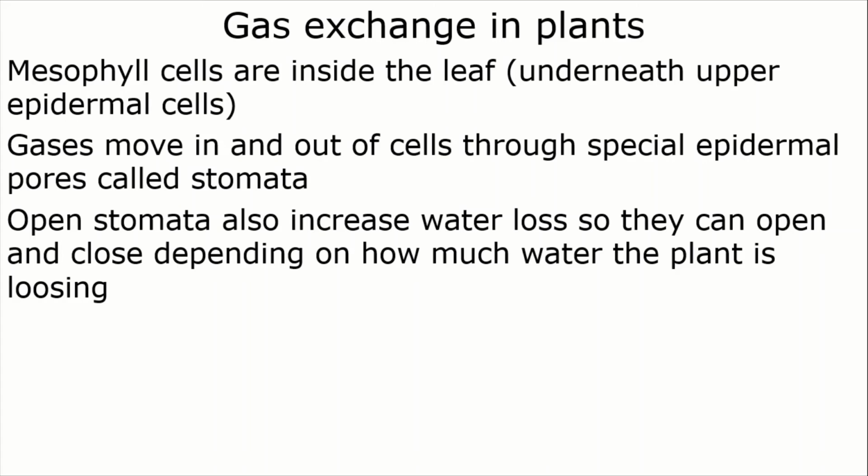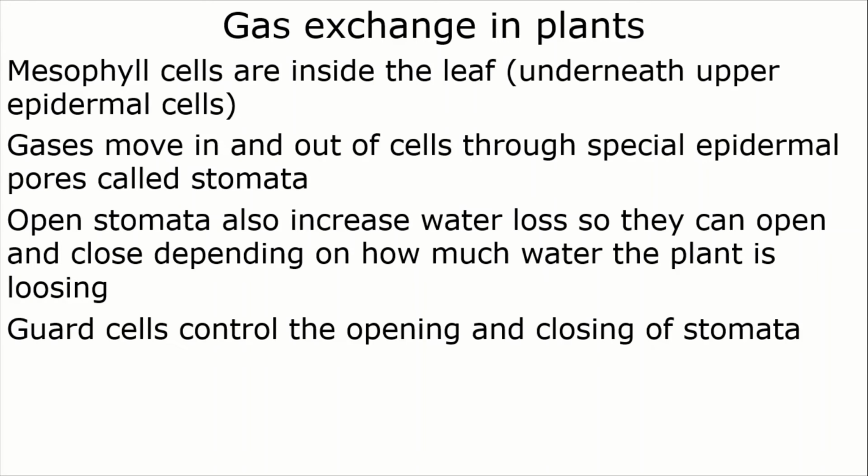So like we just said, an open stoma looks like an open eye, this nice little oval shape where gas can flow through and be exchanged within the mesophyll layer. And when it's shut, it looks like when an eye is closed. It's completely shut.